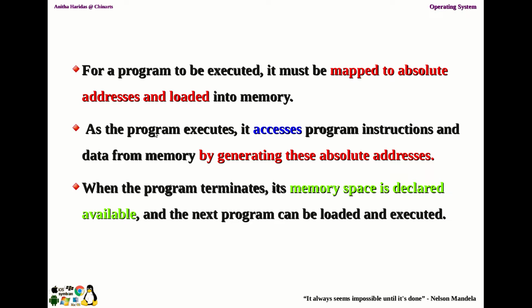Whenever the processor wants to access the instruction or data, it has to first generate the absolute address, and from that memory location, the instruction or data will be read or stored. During the execution, this mapping process will be done.